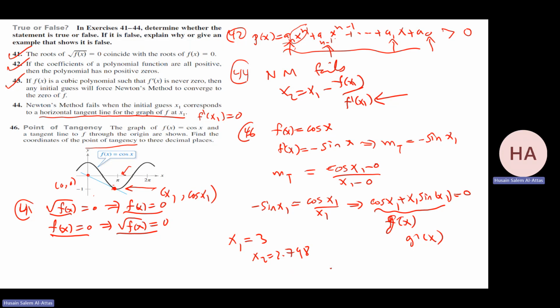Let me get the correct numbers. Yeah, x2 is minus 0.942, which is almost around minus 1. If I do more iterations, I get a good approximation.